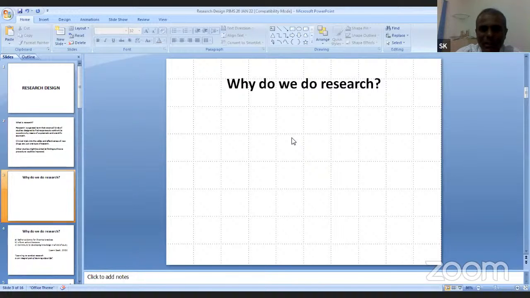But when you take up research, if you are working in universities or colleges, part of your work also is doing research in addition to teaching, which means, let's be honest, it also provides you income. It's job security.